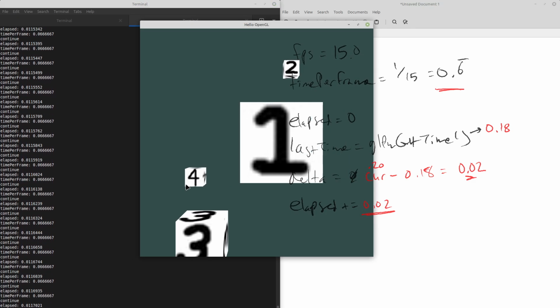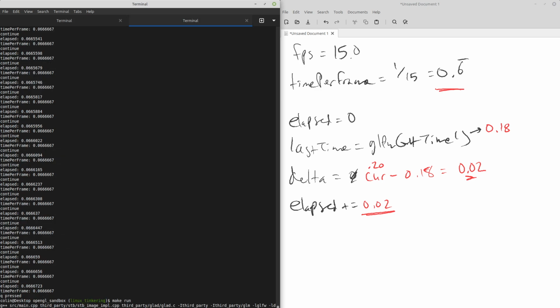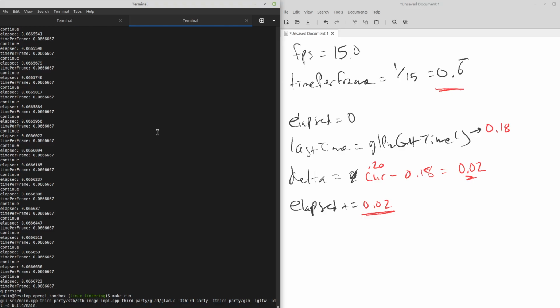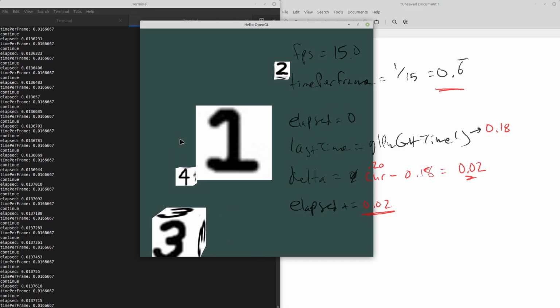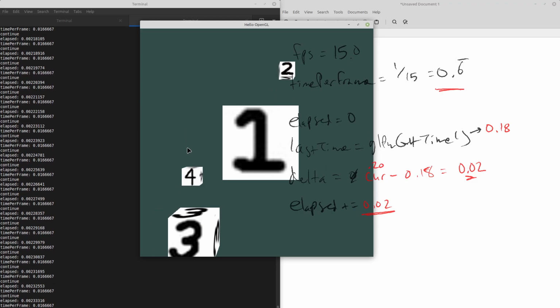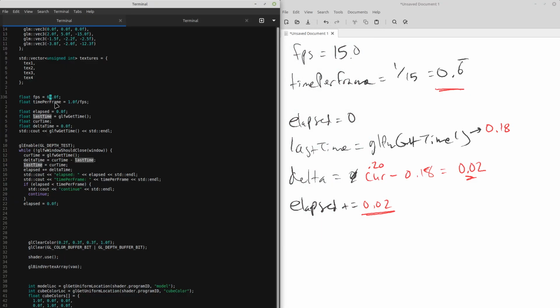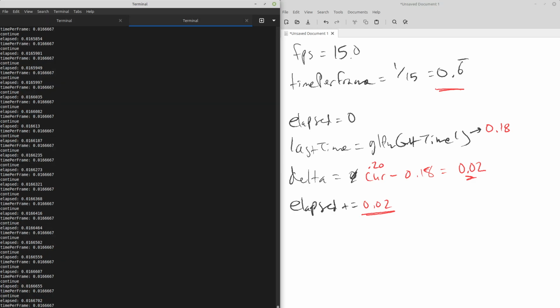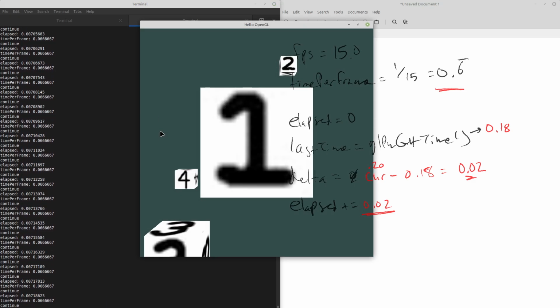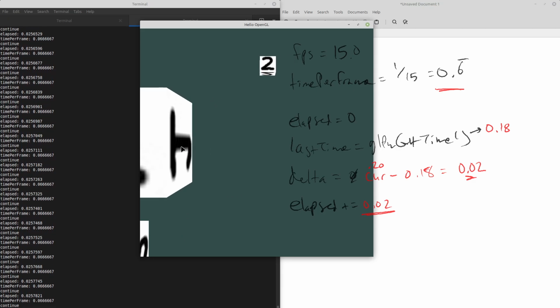So now the frame rate is super jittery because our frame rate's low. If we increase this to 60, it should be a little faster, but we'll also be moving faster. Because if I hold this down for a few seconds, 1, 2, 3, we move that much. If I then change this back to 15 and go 1, 2, 3, we clearly don't move nearly as much.